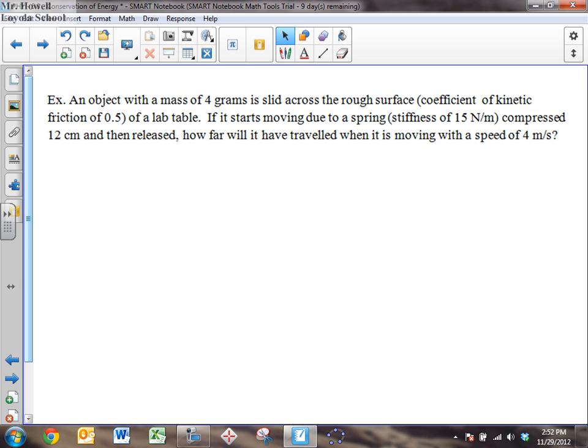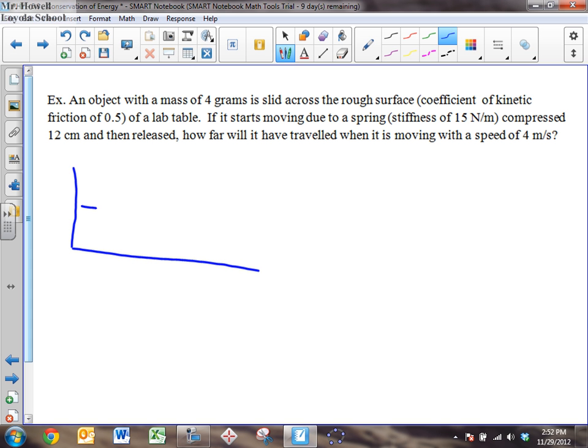Let go. How far will it have traveled when it is moving with a speed of 4 meters per second? I'm going to do a diagram while you're writing the rest down so you can see what I'm talking about here.